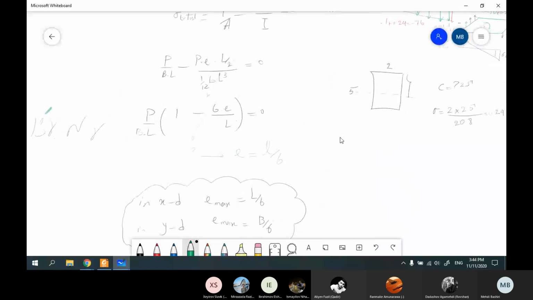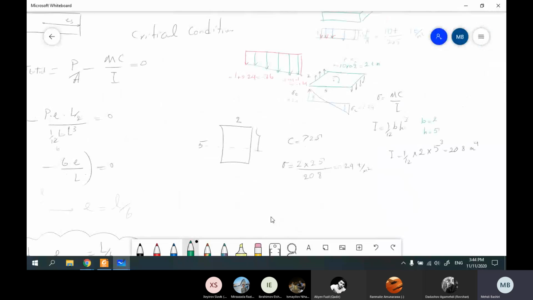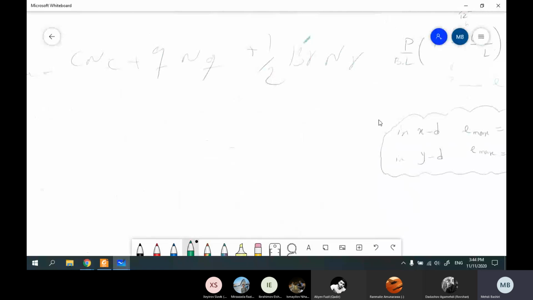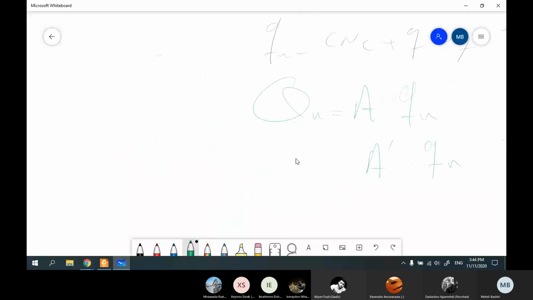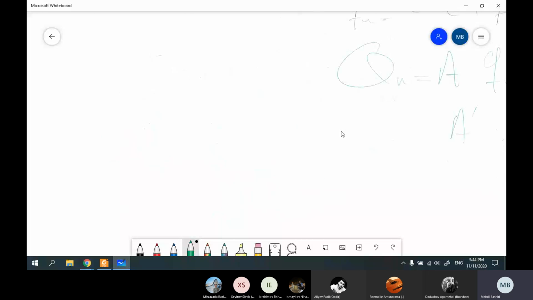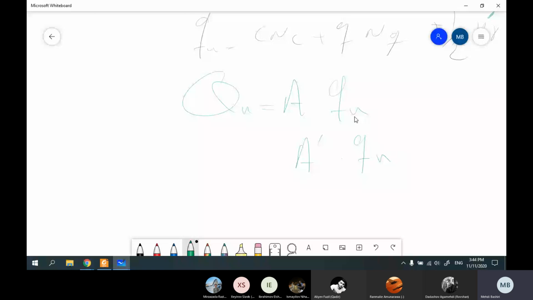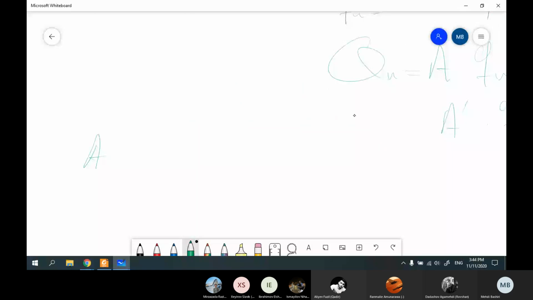Okay, and when you want to find Q, instead of A times q_u, you should find effective A, or A prime, times q_u. What was A? B times L. What is A prime? B prime times L prime.